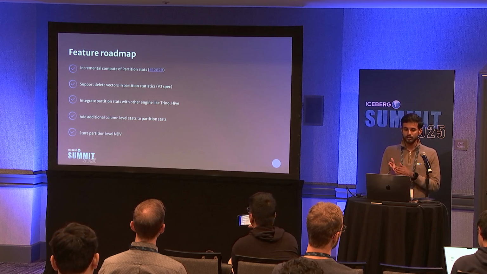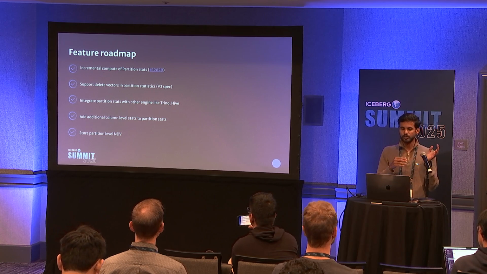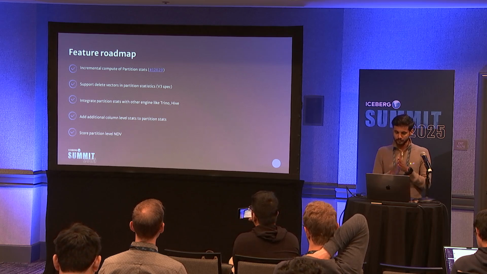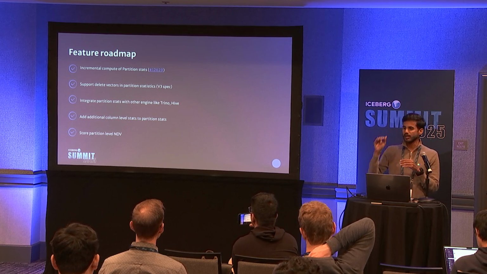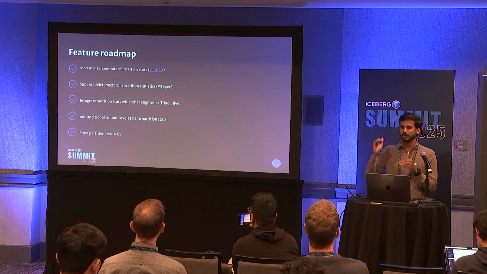As you see in the spec, the schema of the partition statistics file mentioned previously does not have column-level statistics. It only has added file size and things like that. So we still need column-level statistics at a partition level.